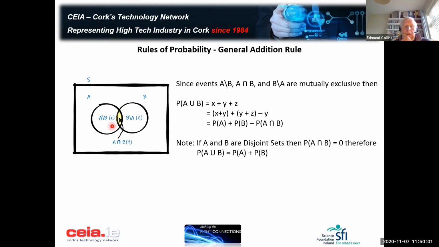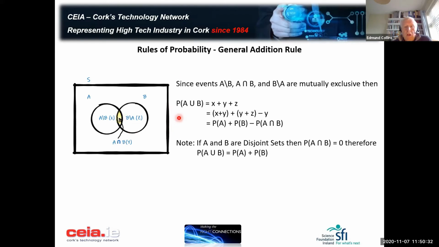The part that's A but not B, so not part of the intersection, is this section here. Then we have A and B here, shaded in yellow, and then we have B, not A, excluding the intersection.